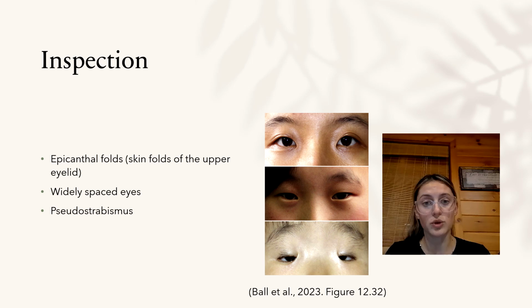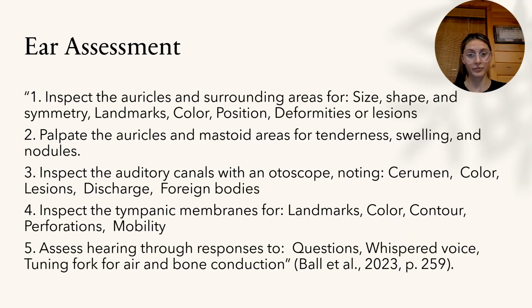There is something called pseudostrabismus, which is common in children under 1, and this is commonly associated with a flat nasal bridge. Checking the patient's corneal light reflex is a true indication of strabismus. If it is asymmetric, then it likely is a true strabismus.